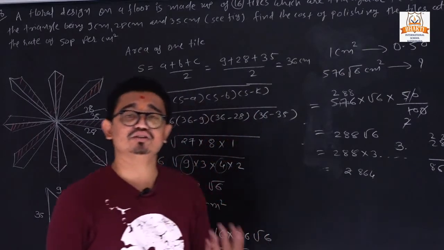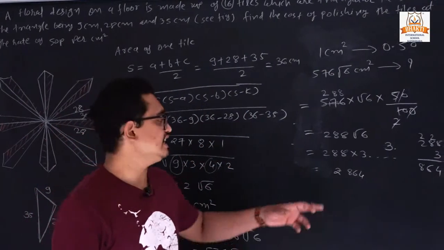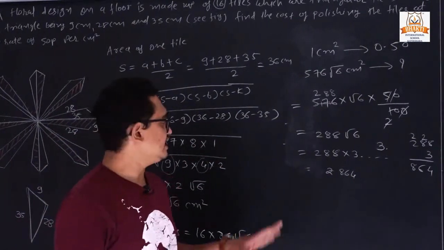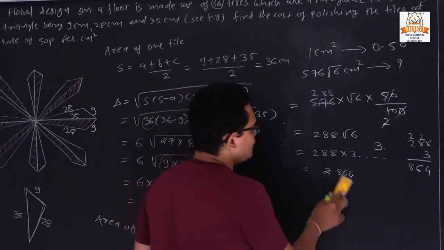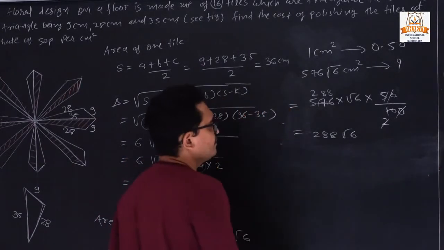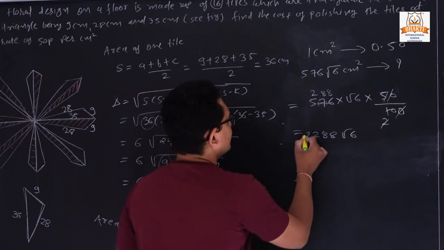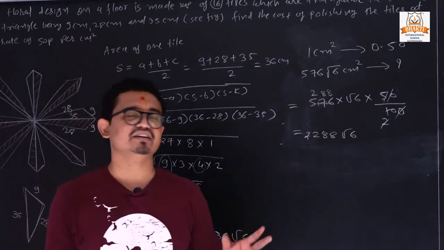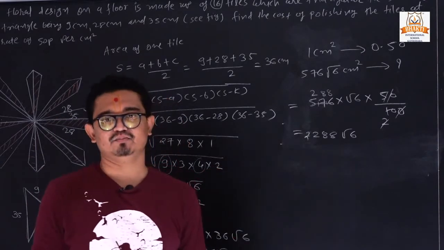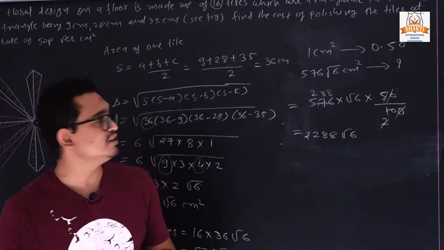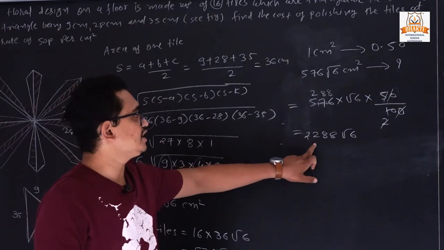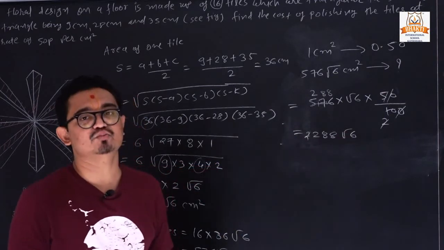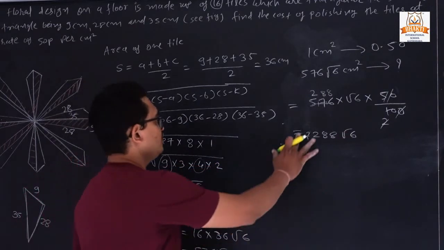But behind the book they are giving the answer in approximate figure. Clear? So in examination, if you write directly like that in rupees, it is also the right answer, because in examination we cannot find the value of root 6 as we don't have a scientific calculator. So we can write directly only 288 root 6 rupees. It is the symbol of rupees.